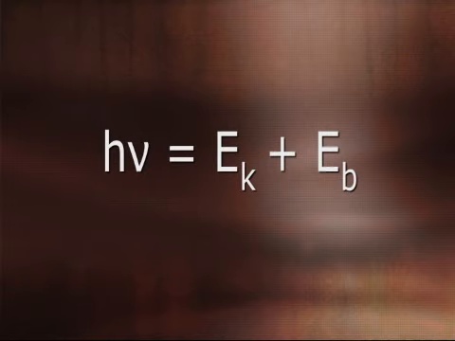In this equation, E_K represents the kinetic energy of the emitted electron. E_B is the energy that binds the electron to the metal.